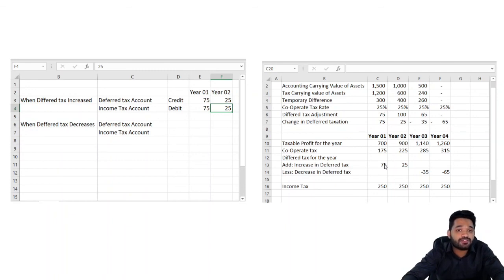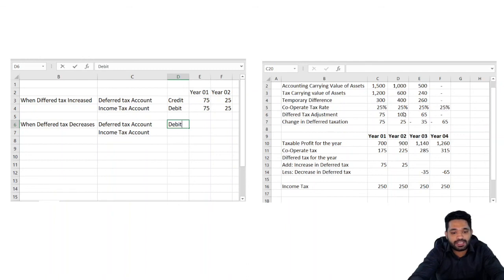So we only account for the change in the deferred taxation. And then when the deferred tax decreases, your liability is being paid off. It gets settled off in the third and the fourth year. So when your liability settles, you need to debit the account.